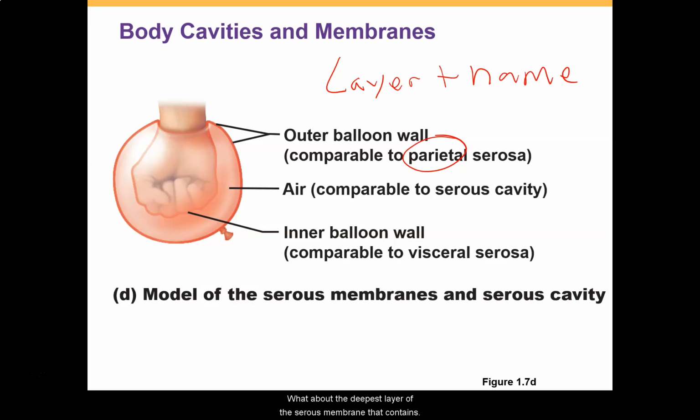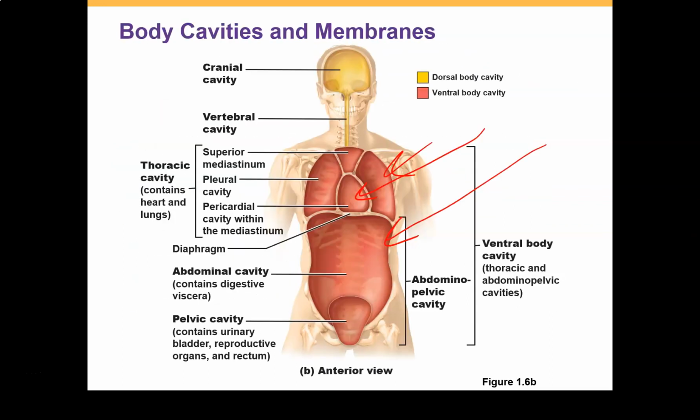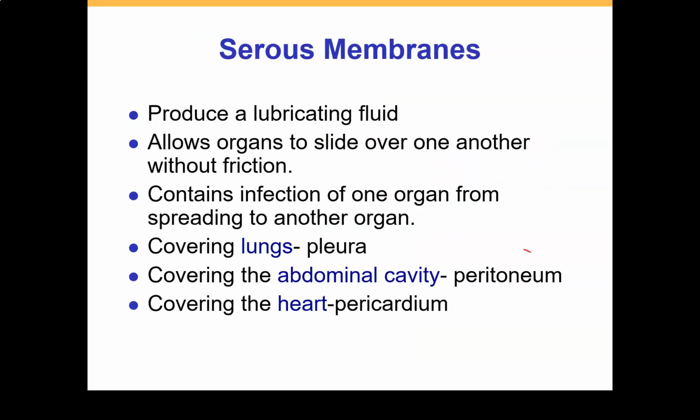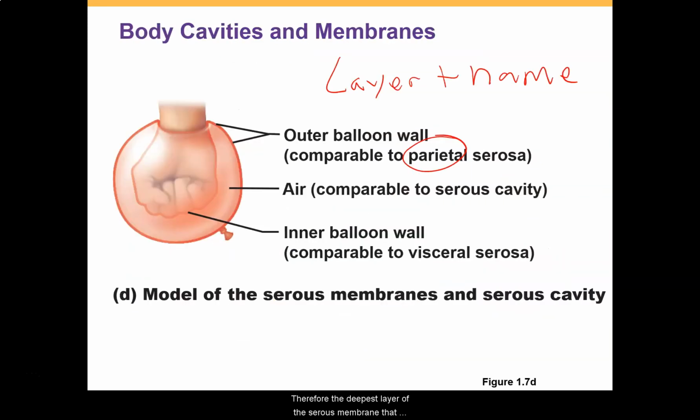What about the deepest layer of the serous membrane that contains the stomach? Well, the stomach is found in the abdominal cavity. The name of the serous membrane in the abdominal cavity is the peritoneum. Therefore, the deepest layer of the serous membrane that contains the stomach would be the visceral peritoneum.